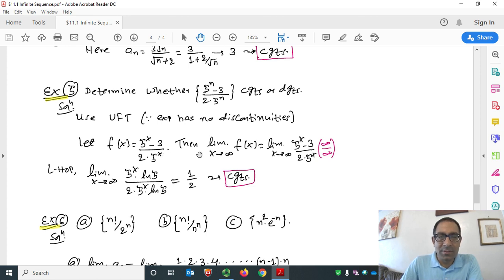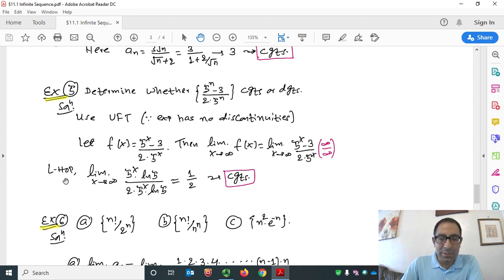Then take the limit of the function as x goes to infinity. So that means take the limit as x goes to infinity of this right hand side. Here when x goes to infinity, this term goes to infinity and this term goes to infinity. So that means infinity over infinity. This is an indeterminate form. We can apply L'Hopital's rule.